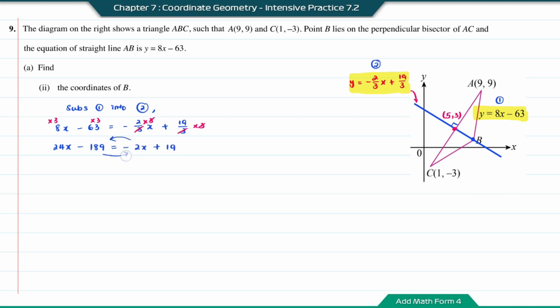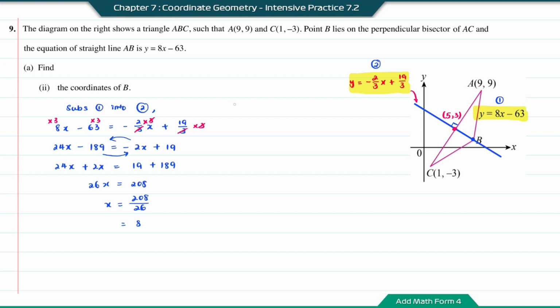Then collect the x on the left hand side and the numbers on the right hand side. So 24x plus 2x is equal to 19 plus 189. So 26x is equal to 208. So x is equal to 208 divided by 26. x is equal to 8.